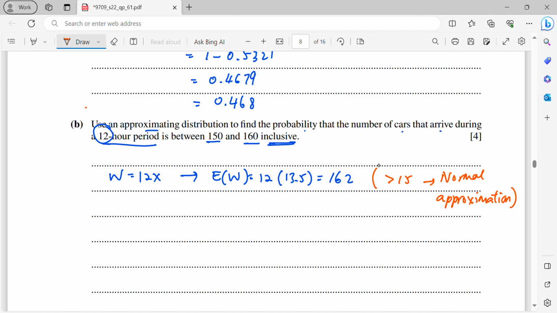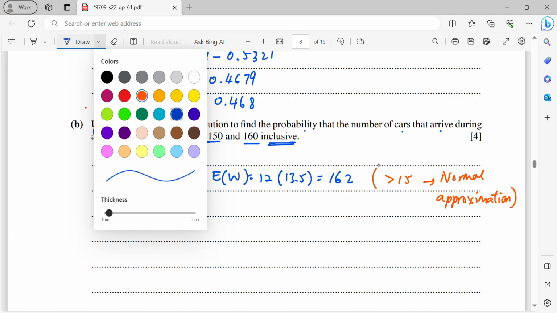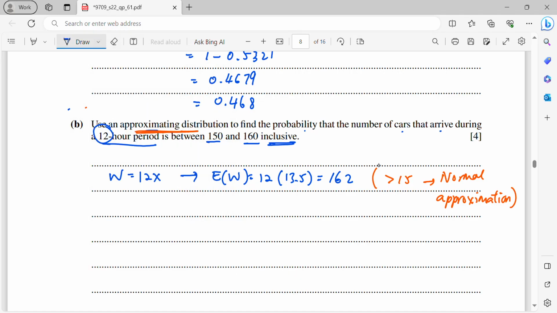Okay, so that's why it's given the hint here, using approximating distribution. So we are going to approximate it to normal distribution, which means now W is Poisson 162. So I let U be normally distributed.